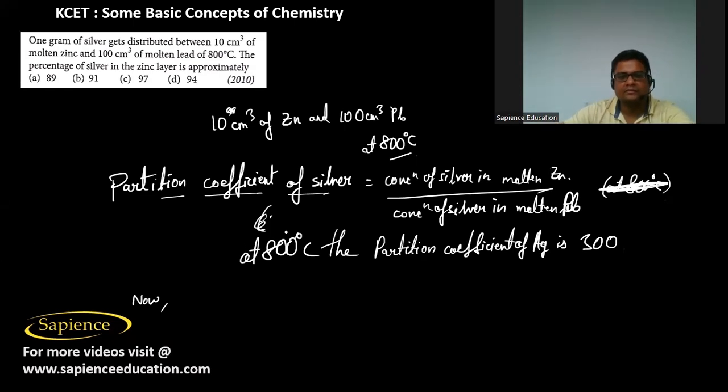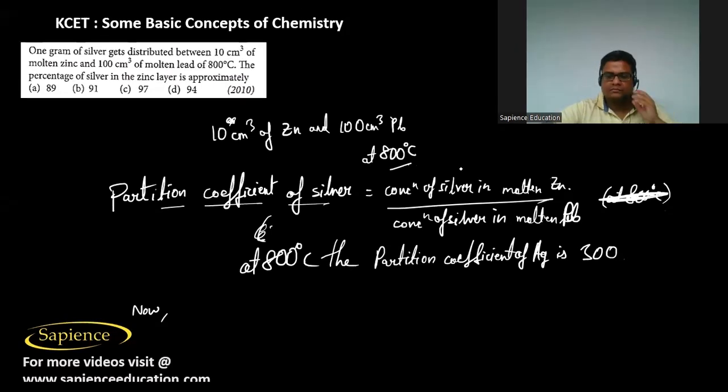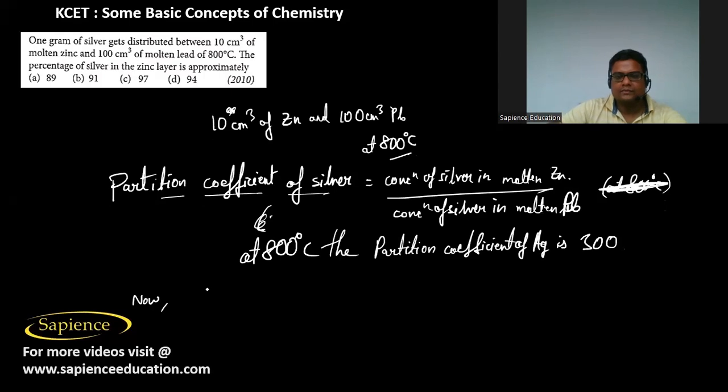Now the partition coefficient of silver is 300 at 800 degrees Celsius, and here it is told 1 gram of silver is distributed.